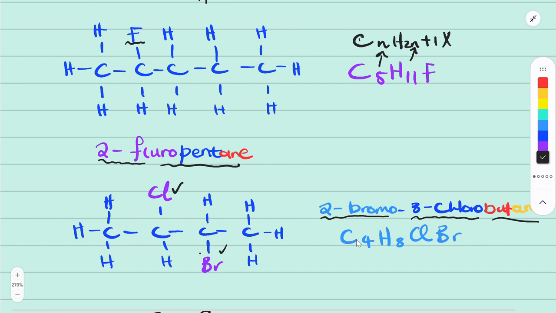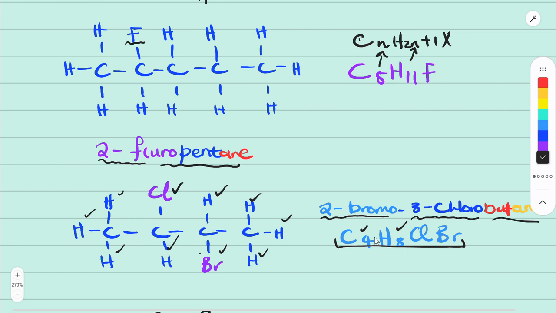This molecule has four carbons, and if you count the hydrogens, 1, 2, 3, 4, 5, 6, 7, 8, it has 8 hydrogens, plus a chlorine and a bromine. This is the molecular formula of this molecule.